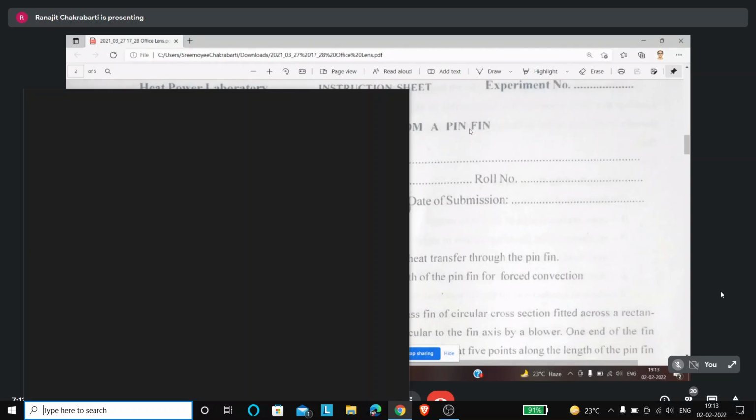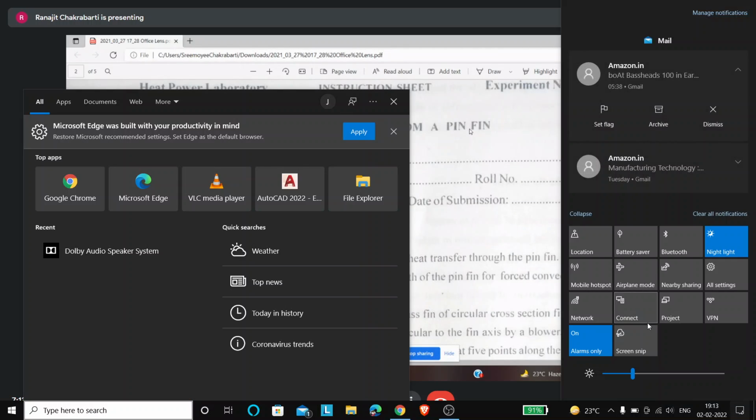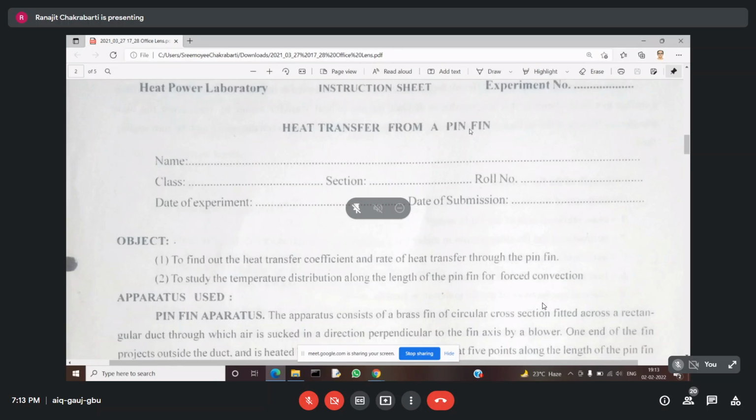Another very good book is by Nellis and Klein, available in the library. Another is by Thompson, and another by Cengel. You can take any of the textbooks.